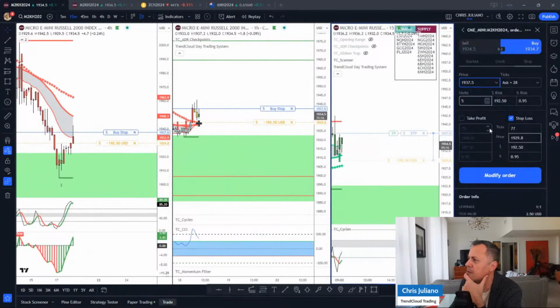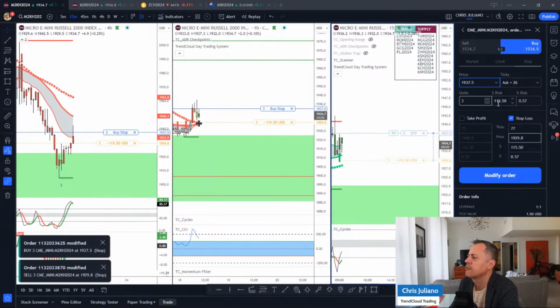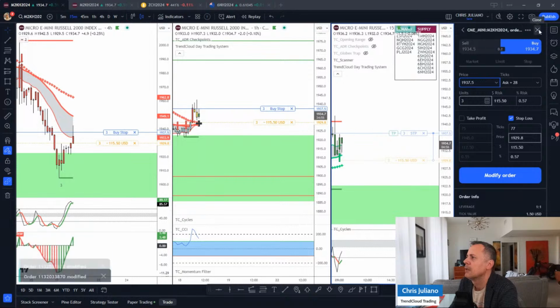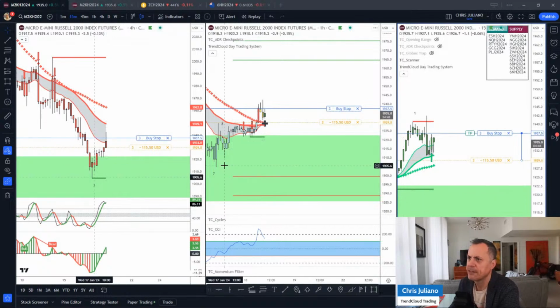Maybe we take a smaller position, so if we're wrong, we don't wipe out those profits. Maybe we take 3 contracts here. So it's only $115 and doesn't wipe out pretty much everything that we made. Why don't we do something like that?